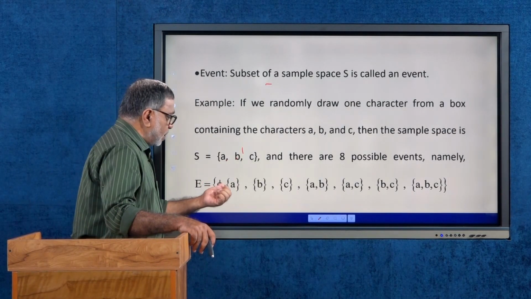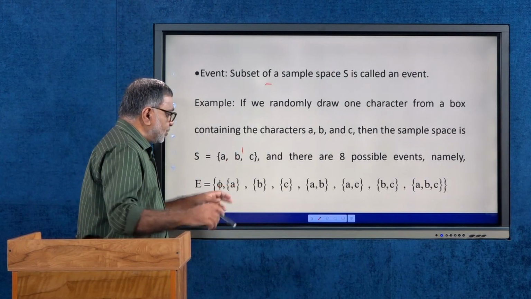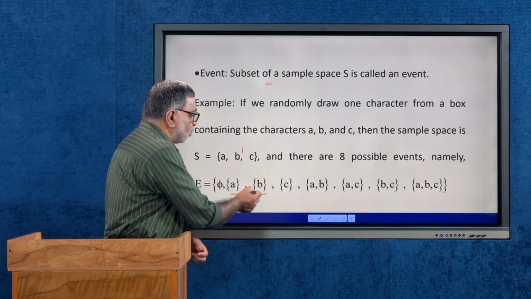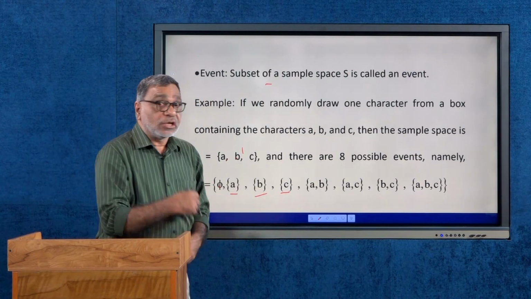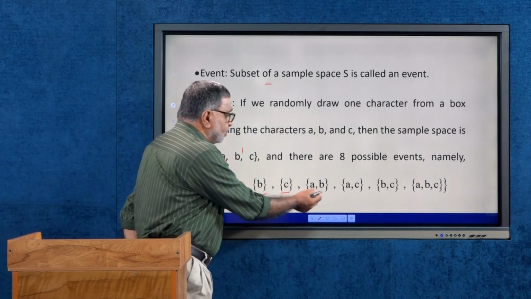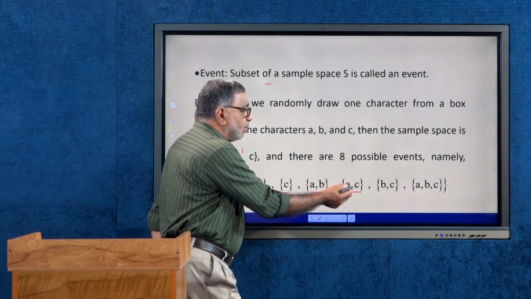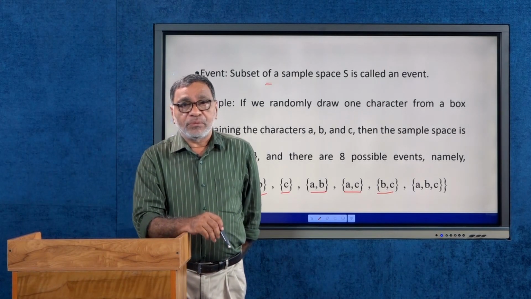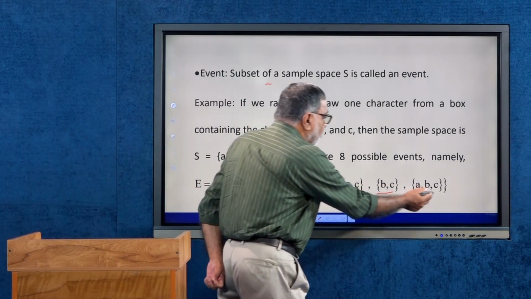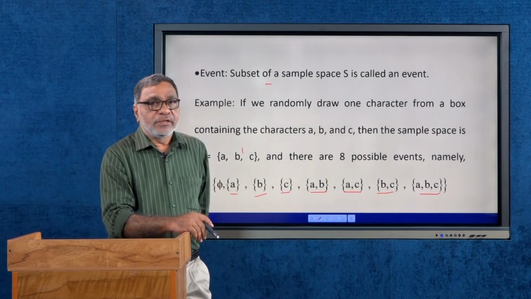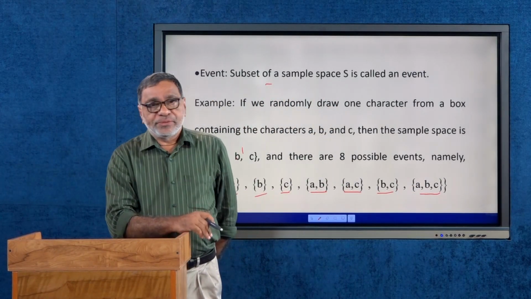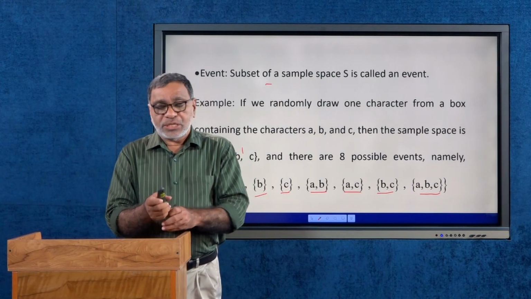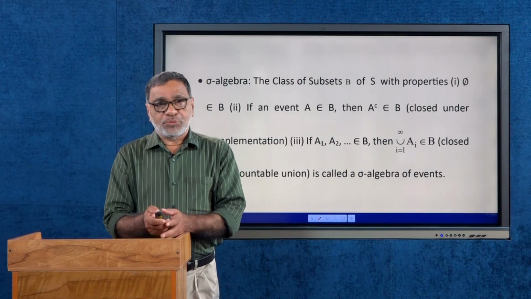It may be a null set, or a set consisting of a single outcome A, B, or C, or it may be a combination of outcomes, that is AB, AC, BC, or a combination of all 3 possible outcomes A, B, C. So for this particular sample space, there are 8 events. For every sample space, it is possible to construct events of the sample space.